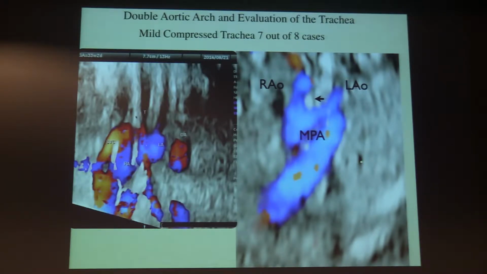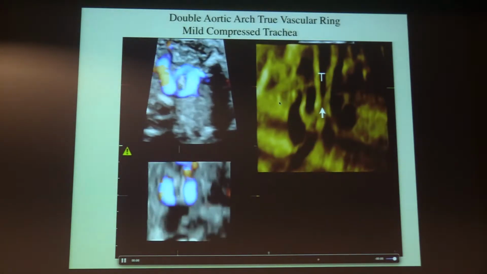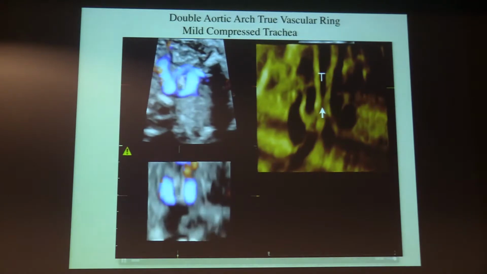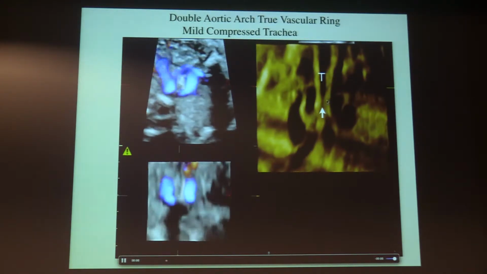You can see here again the mild compression in double aortic arch. Double aortic arch means you have here the right aortic arch, the left aortic arch, the main pulmonary artery with the ductus, and here is the trachea, which is compressed. Again, mild compression of the trachea in cases with double aortic arch.